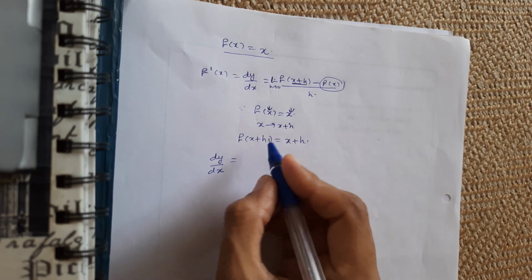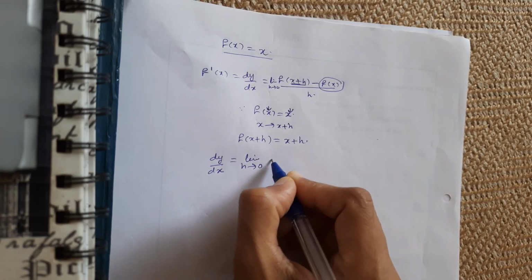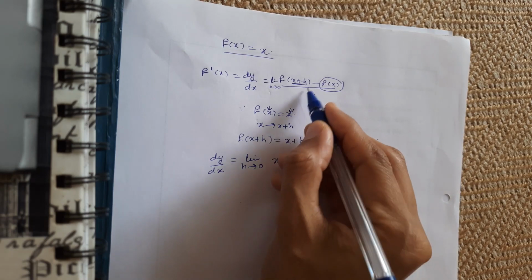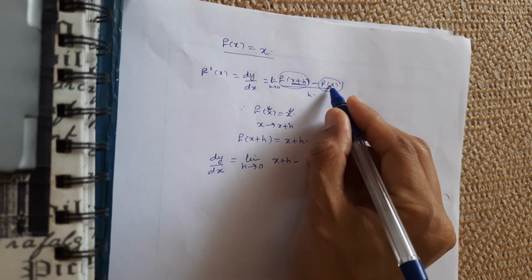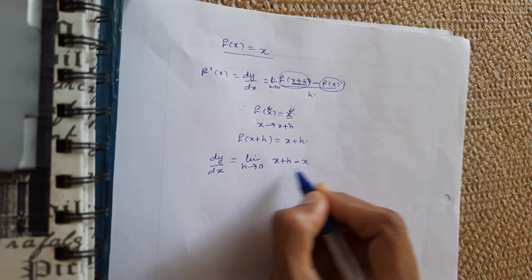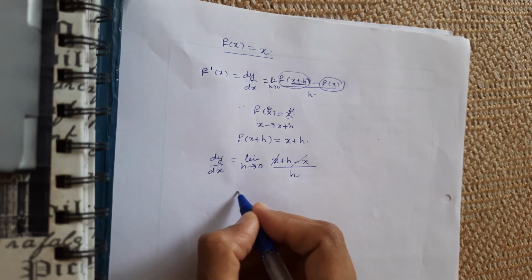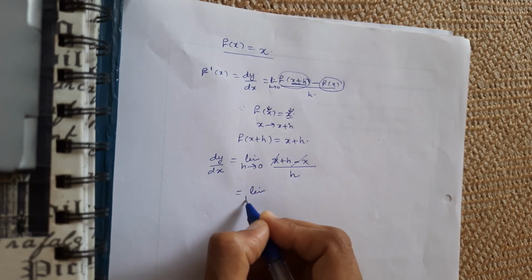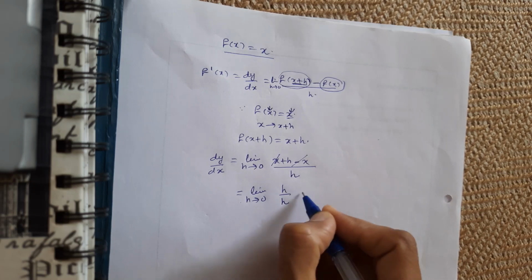So dy by dx equals limit h tends to 0, the value of f of x plus h is x plus h, minus f of x which is x, upon h. This minus x and x plus h cancel. What I get is limit h tends to 0, h upon h, h gets cancelled.